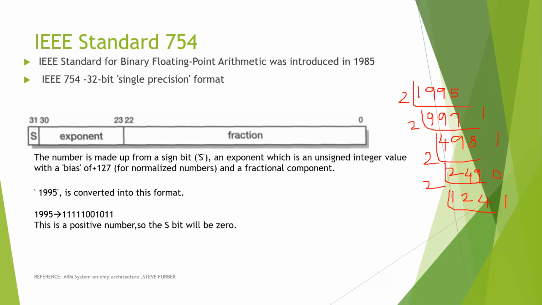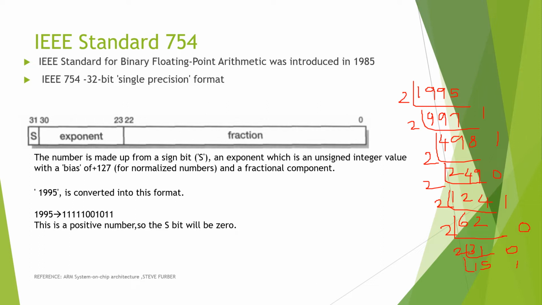Divided by 2 again, 62, remainder 0. Then 31, remainder 0. Then 15, remainder 1.